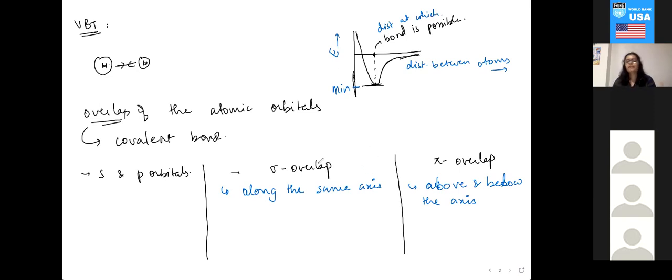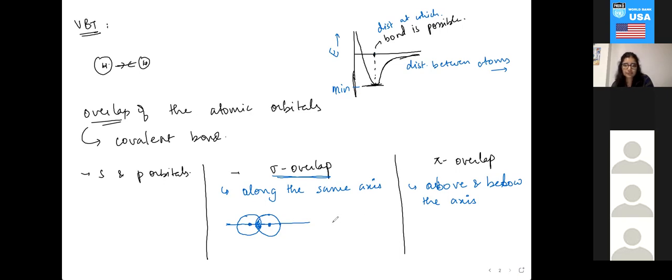Anyway, coming to the overlap, sigma overlap happens along the same axis. That means you have, let's say, the s orbital of one atom, and you're taking another atom in the same line. When both the s orbitals overlap, the nuclei and the overlap are all in the same line. So that's what we say, it's happening along the same axis.